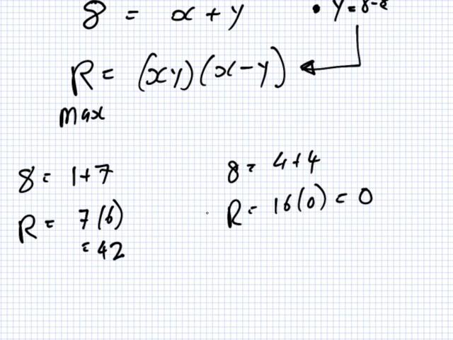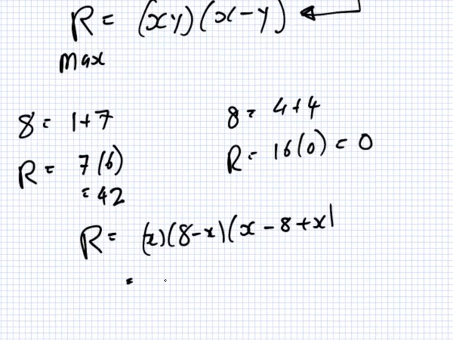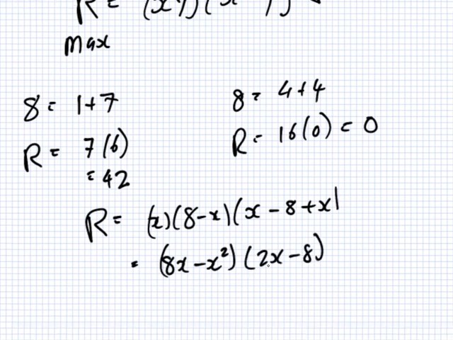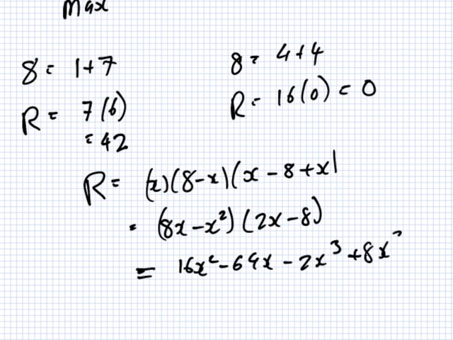So, if I substitute y in, the result is x by (8 minus x) by (x minus (8 minus x)). That will be (8x minus x squared) by (2x minus 8). Multiplying out, that's 16x squared minus 64x minus 2x cubed plus 8x squared.